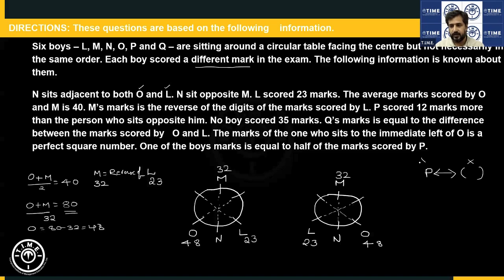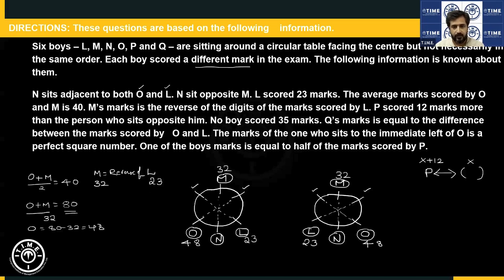Then P scored X plus 12 marks. Now, if you observe the arrangement carefully, we already placed O, N, L, and M in both the cases. So P can come in one of these two places in both the cases.